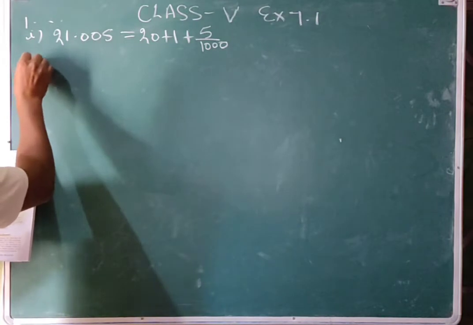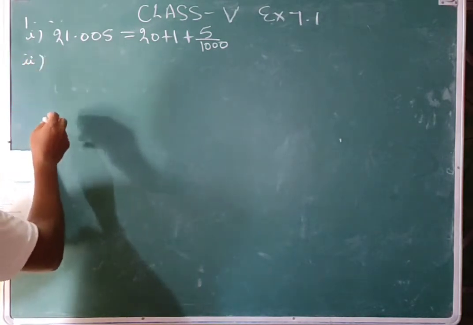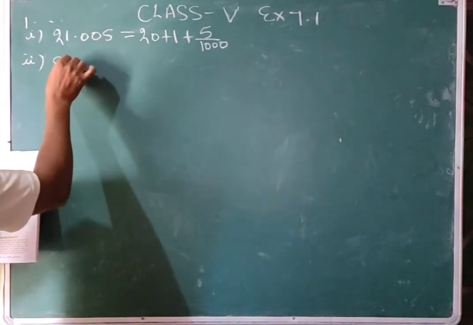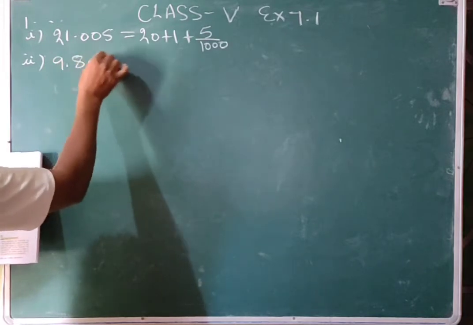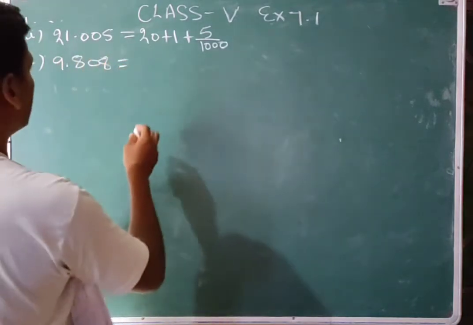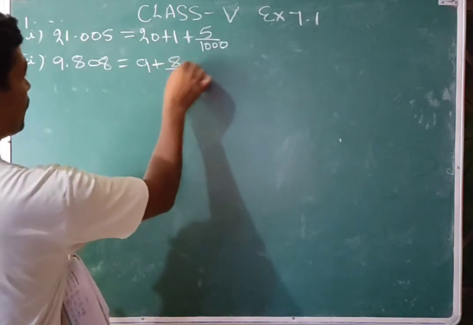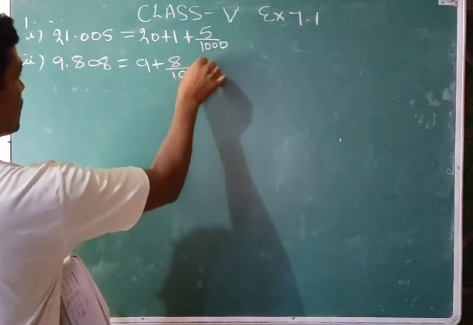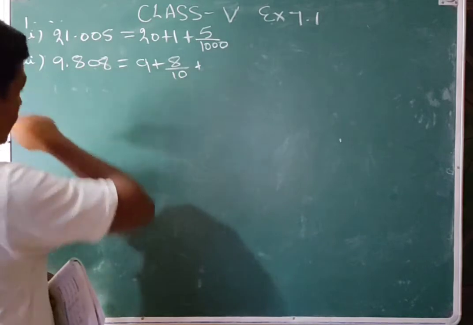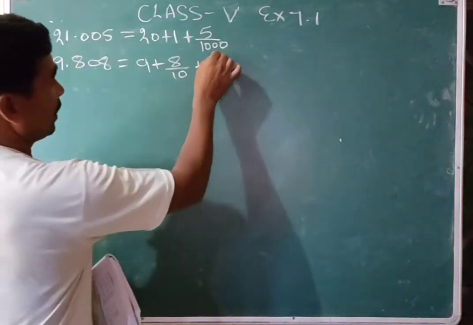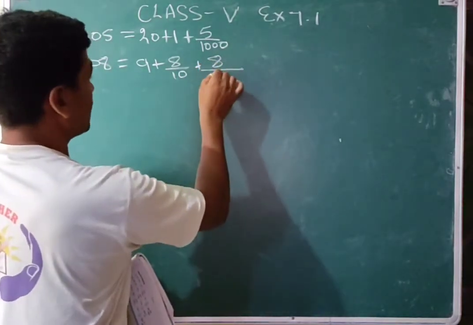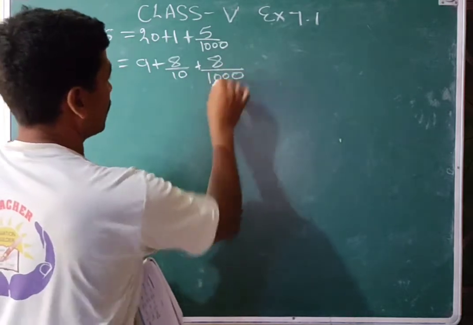Second part, that is 9.808, is equal to 9 plus 8 upon 10 plus, the hundredths place is 0, so no need to write it, and then the thousandths place is 8.